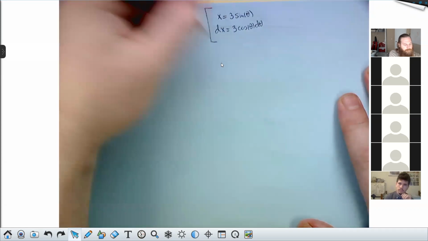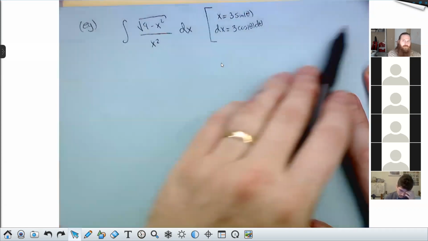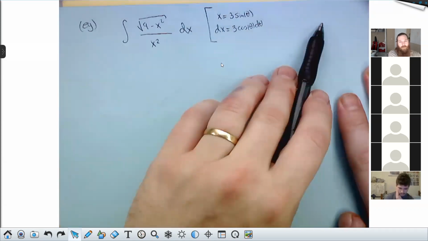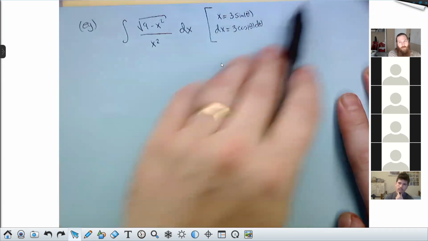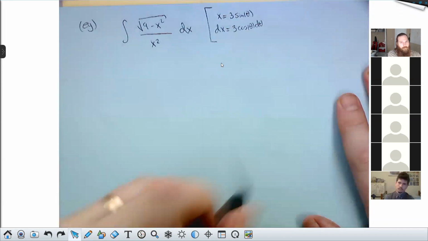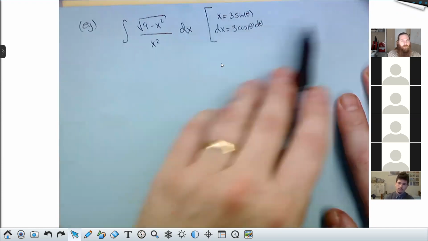Since this is an indefinite integral, I don't need to change my bounds, but I'm going to leave some space over here to do something geometric. I'll do that later for this problem, but in the future, I'm going to do that right away, and you'll see why. But for now, this is what I need to make my substitution go. So just leave yourself some space here.